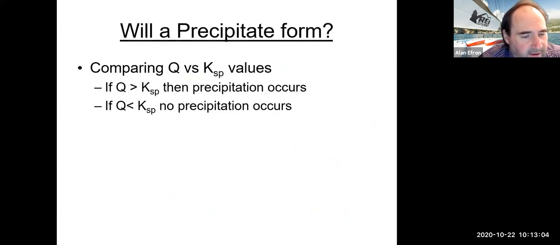So we've now seen a couple of things that can affect solubility. We've seen the common ion affect solubility. We also see that pH can play an important role in whether or not you see what you expect to occur. The other really important thing in terms of solubility is concentration.